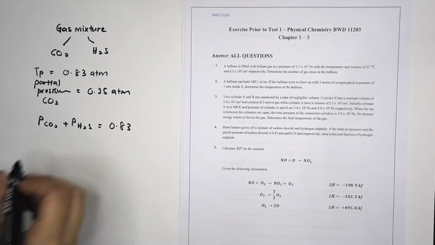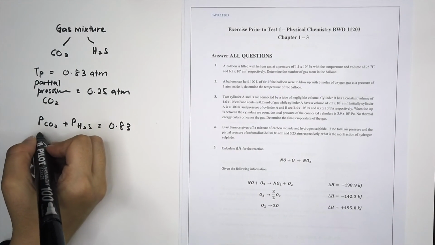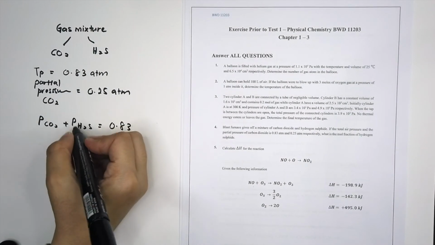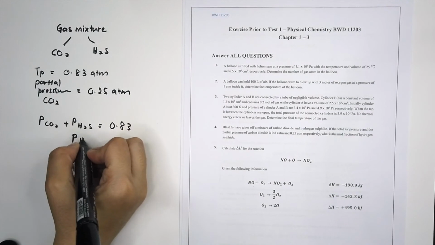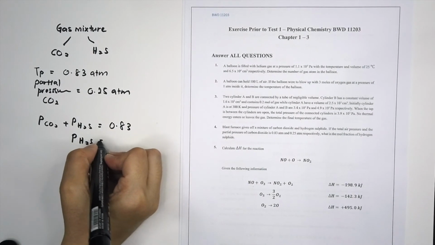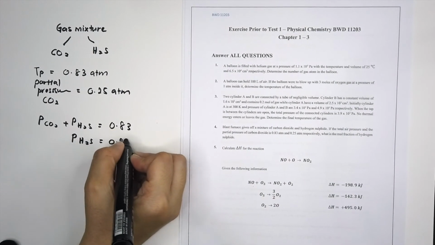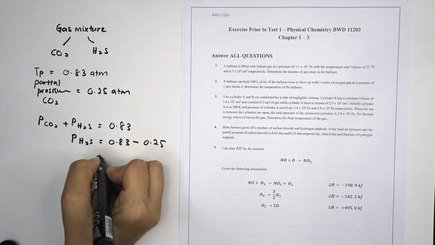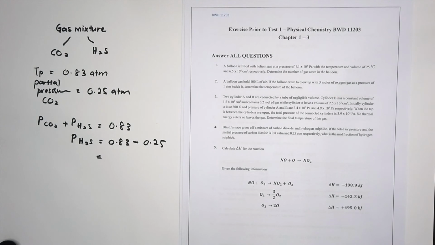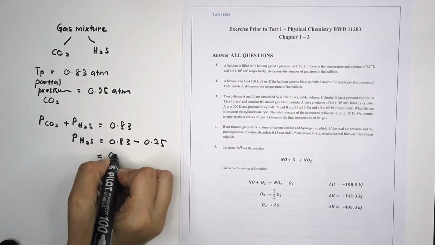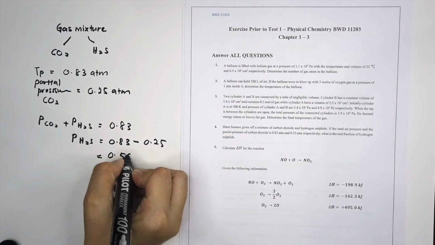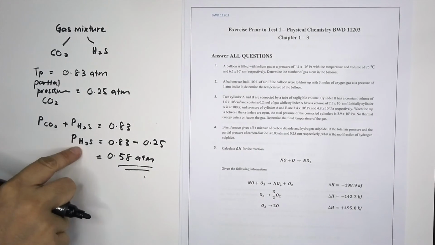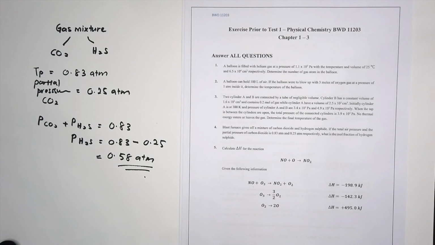Given in the question, the partial pressure for carbon dioxide is 0.25. So the partial pressure for hydrogen sulfide is equivalent to 0.83 minus 0.25. So you shall get 0.58 atm. This is the partial pressure for hydrogen sulfide.